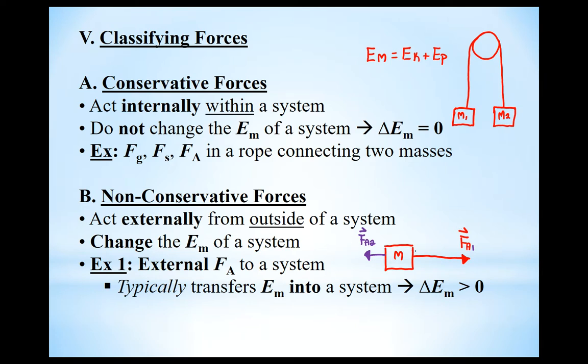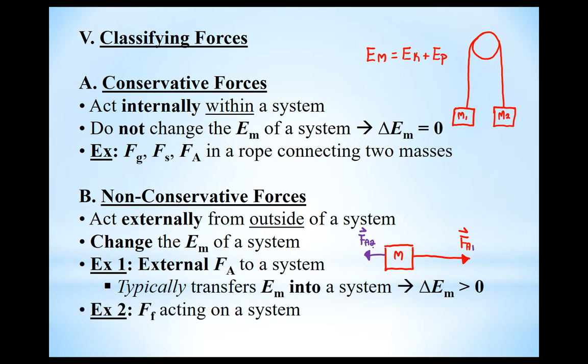And if the mass is moving towards the right, and then someone tries to slow the mass down by pulling on it, well, that would cause your kinetic energy to decrease. If your kinetic energy decreases, then your mechanical energy is decreasing, and that's a result of that applied force FA2. But usually an applied force puts mechanical energy into the system.